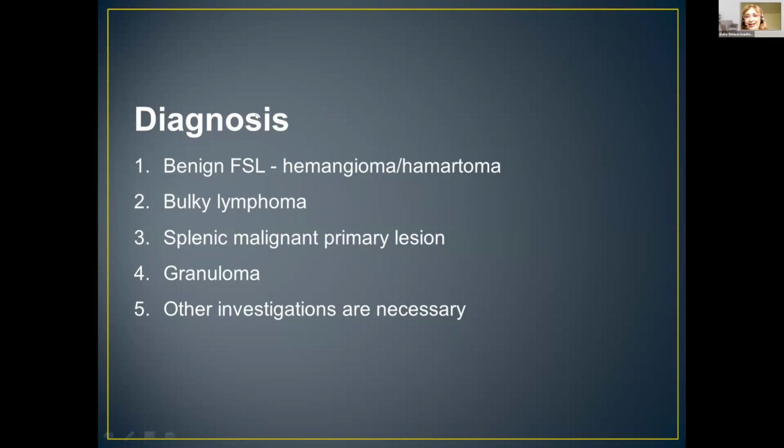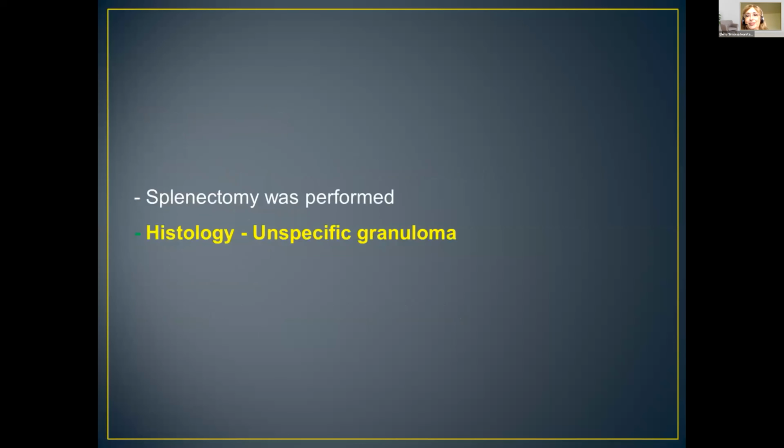So it was a difficult case because the lesion seemed to be a bulky lymphoma lesion. According to the guidelines, it was suspected for malignancy. We performed a splenectomy, and the result was unspecific granuloma. It was a benign lesion.